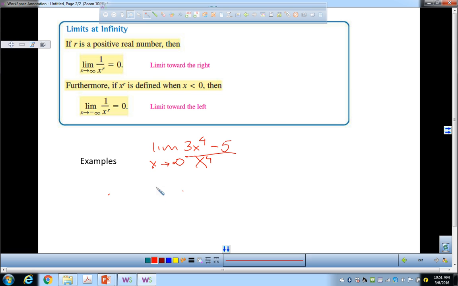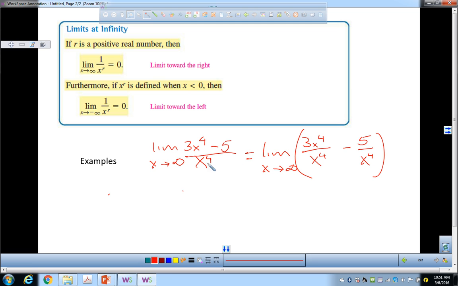I'm not very good at drawing infinity. I get better at it though, as I go. So what I could do with this is I can rewrite this as the limit as x goes to infinity of 3x to the fourth over x to the fourth minus 5 over x to the fourth. You're allowed to break up fractions like this. Do you know you could do that?